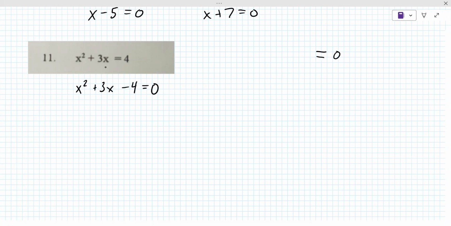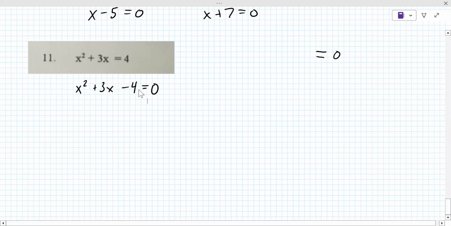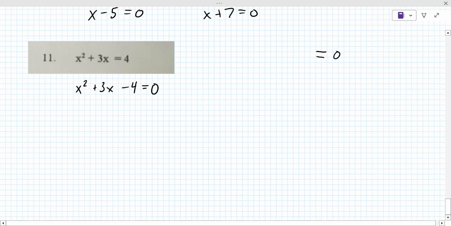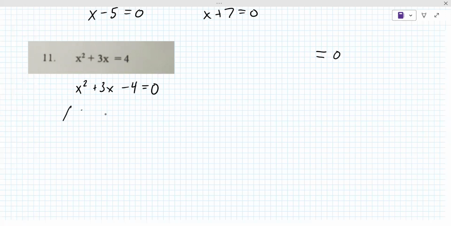So now you're looking for two numbers that multiply to -4, but add to +3. -1 and 4. Yes, so this becomes x minus 1, x plus 4 equals 0.